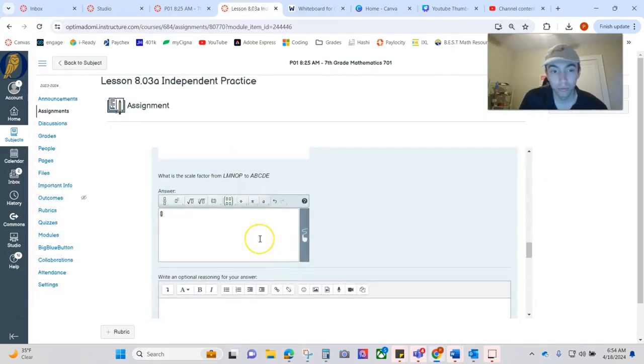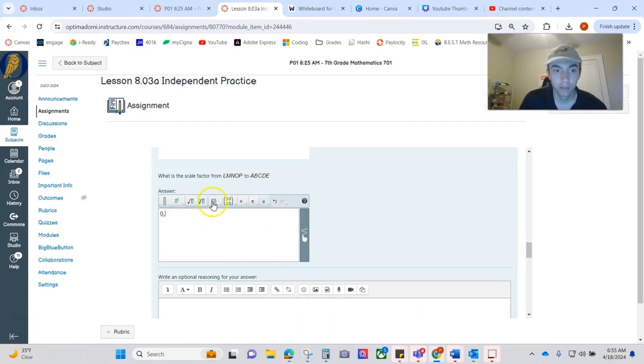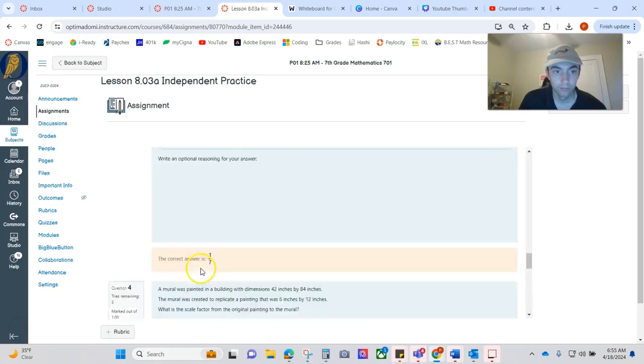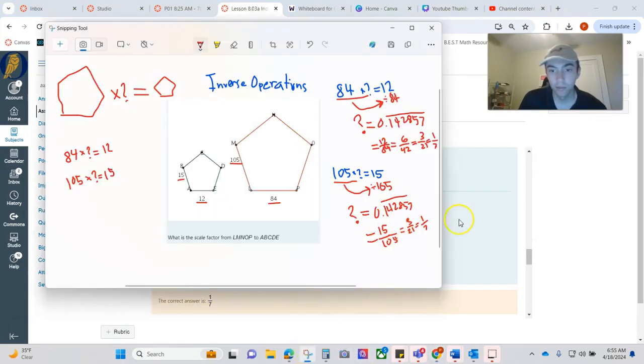I'll type in the decimal. 0.142857. Get to my repeating decimal bar. 142857. Check. Or you could have also done 1/7 as a fraction.